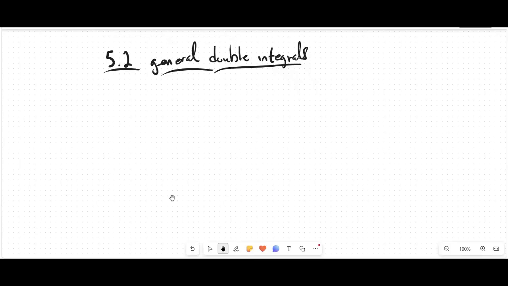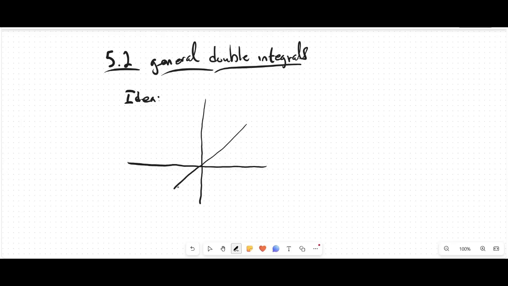And the idea is just that we don't need to restrict ourselves to rectangular domains. I'll try to make this clear. Why a rectangular domain? Well, it's very easy to grid out a rectangular domain.